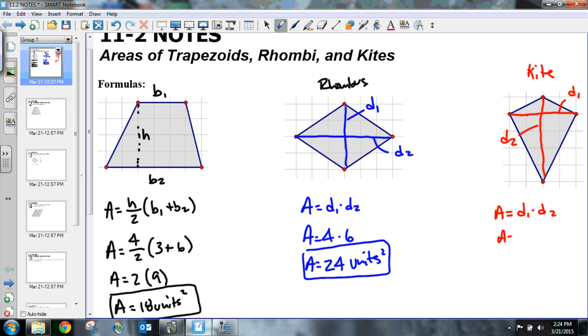So if I wanted to find my area, I would take my first diagonal, which is 4, and multiply it by my second diagonal, which is 5, and it's going to give me an area of 20 units squared. Okay, so those are my formulas that I want to use for this section. These need to be memorized, and they're pretty easy to memorize.